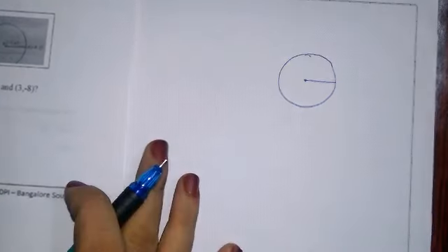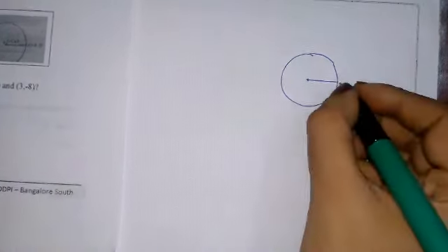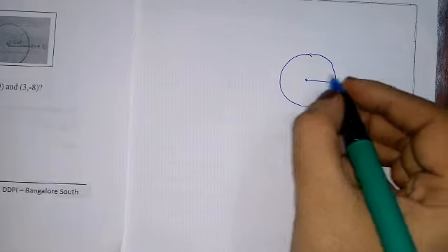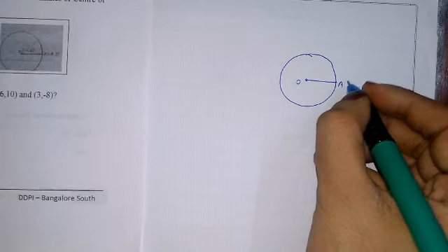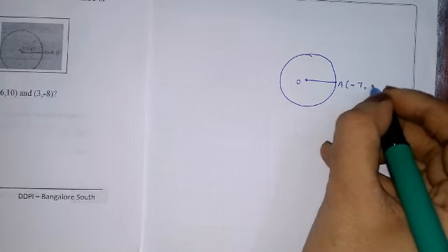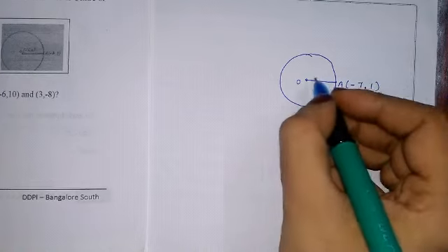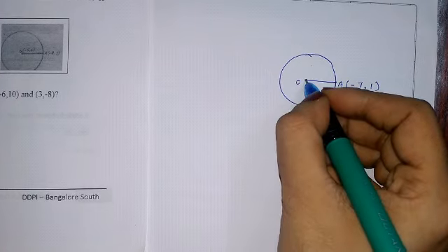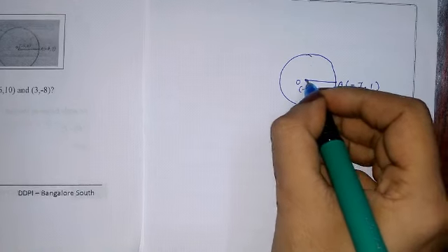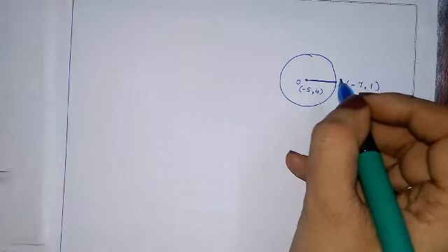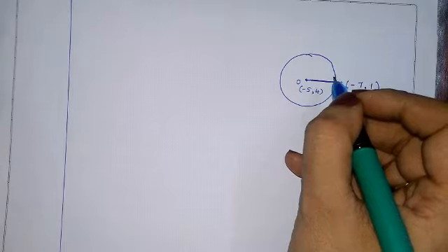The coordinate of one end of the radius OA is A(-7, 1) and the center is (-5, 4). Find the radius. That means we need to find the distance OA, which is the radius.